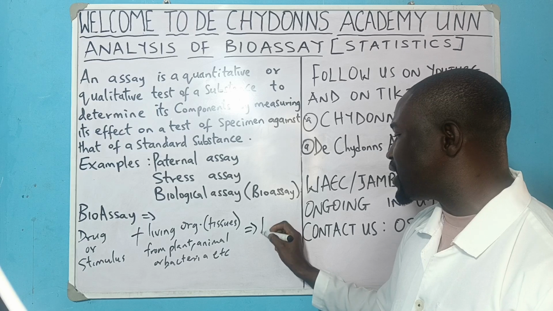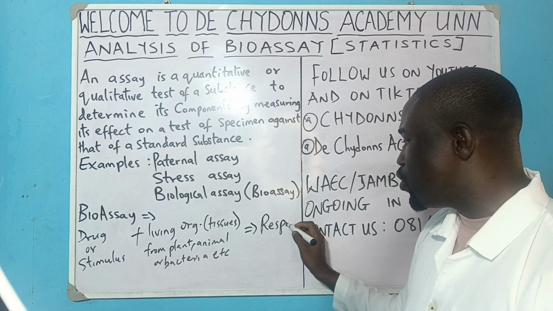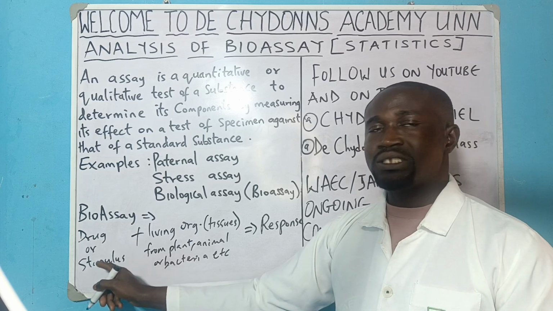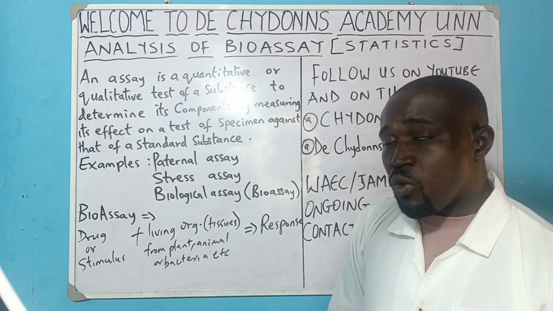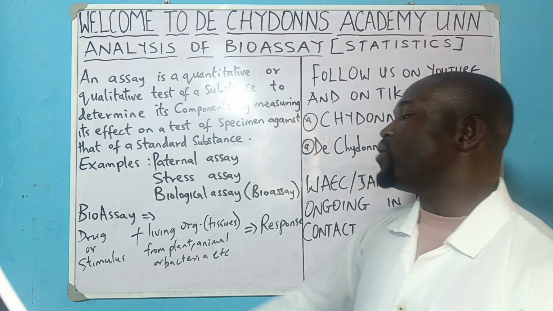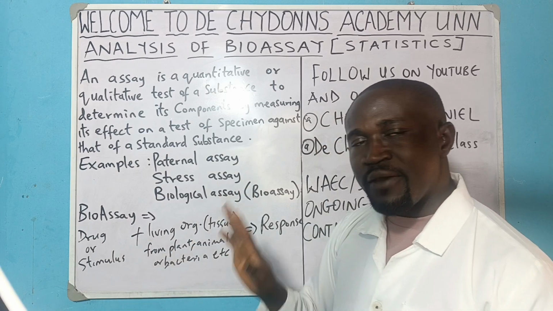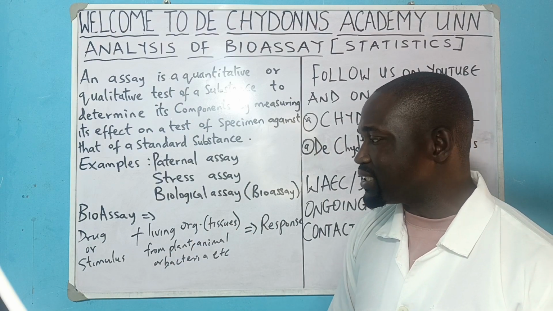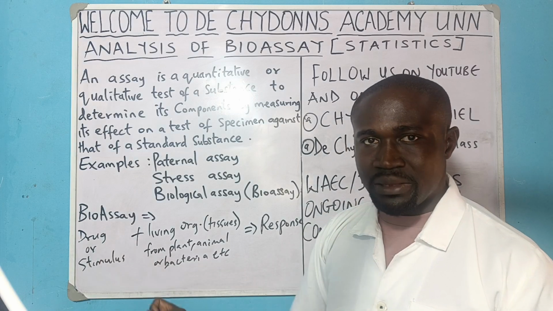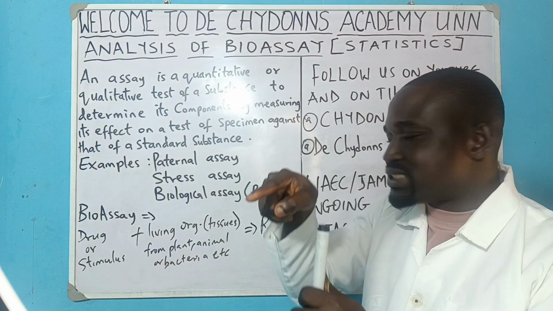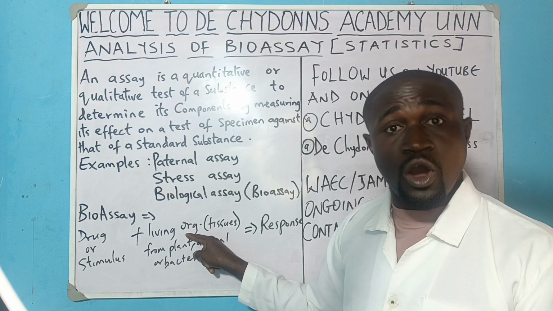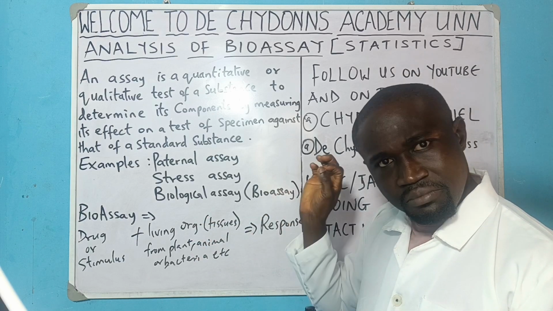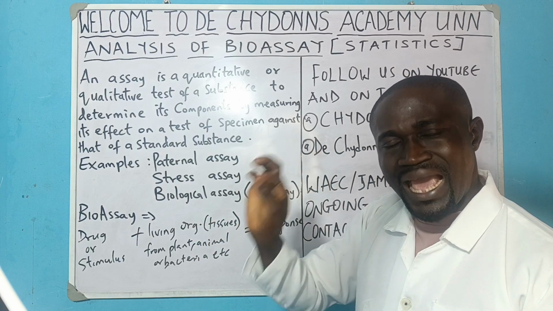Then you now check the response. What is the response you get when this is put into this? So what are we trying to say? When you want to perform an experiment on bioassay, it comprises taking a drug or a stimulus and injecting it into a living organism, living tissue, living organ, whatsoever, but it must be living, it must be alive.